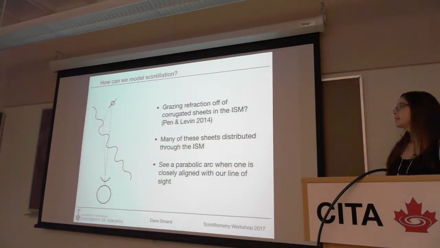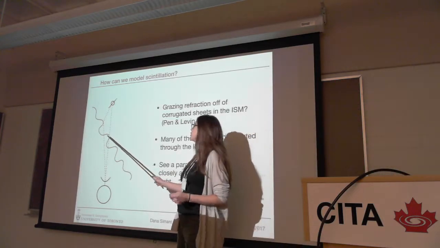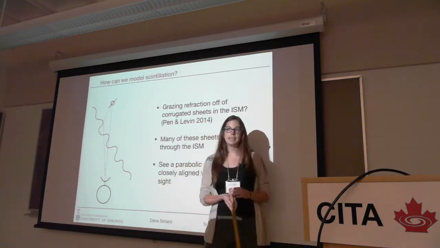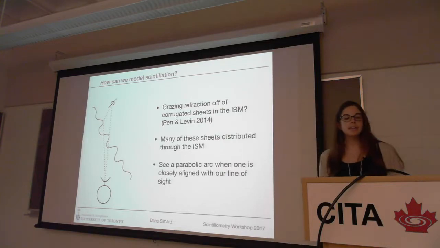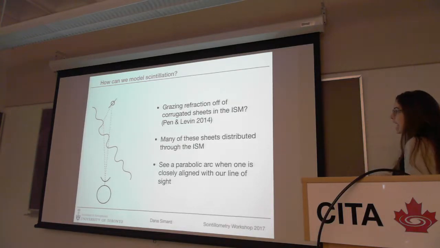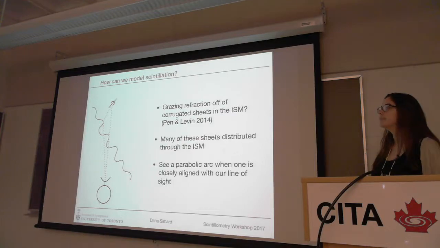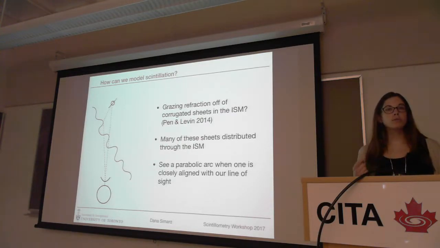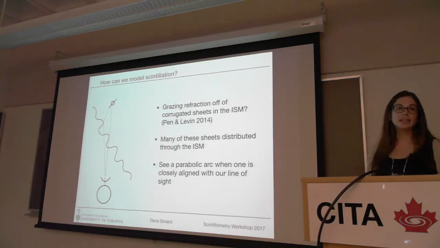And so at these crests on the sheet, you can produce very high bending angles. And because of the curvature of the sheet, you relieve the requirement that you have high differences in electron density between the sheet and the ambient interstellar medium. And so you can get this with just a very small overdensity or underdensity, and now we can consider both cases.